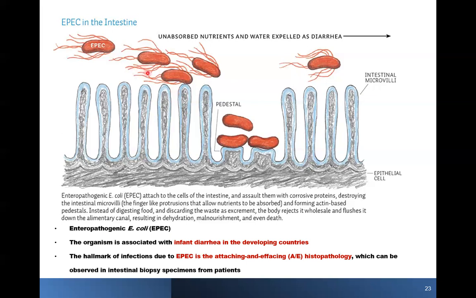So instead of having this microvilli structure that increases the surface area for absorption, you have a stunting of these epithelial cells. They become like a pedestal upon which the organism sits. And of course, when you have a structure like this, the function of the enterocytes is no longer there. So they tend to present with watery diarrhea.